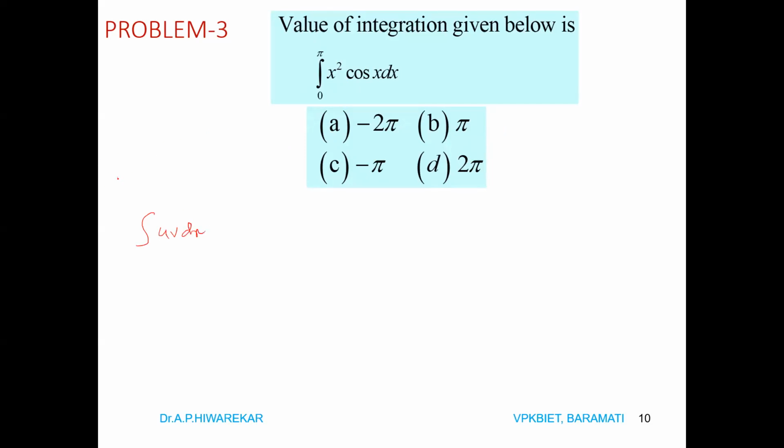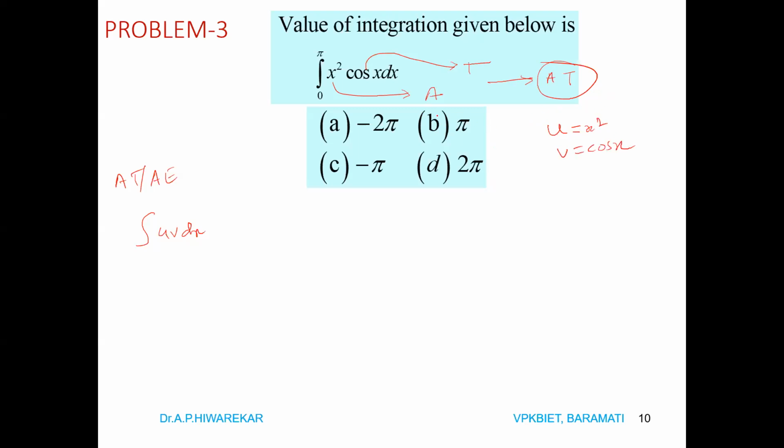And what type of integrand do we have, AT or AE? X square means it is algebraic, and cos x means it is trigonometric. So the integrand is AT, algebraic into trigonometric. So what is u here? U means the first function. U is x square and v is cos x.